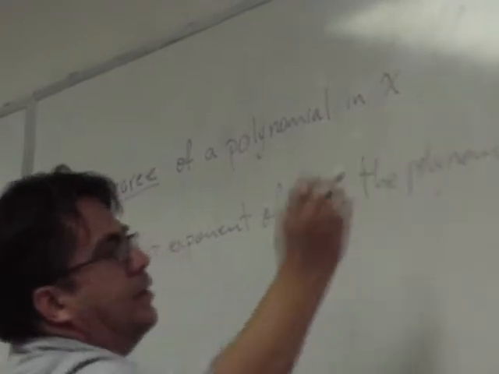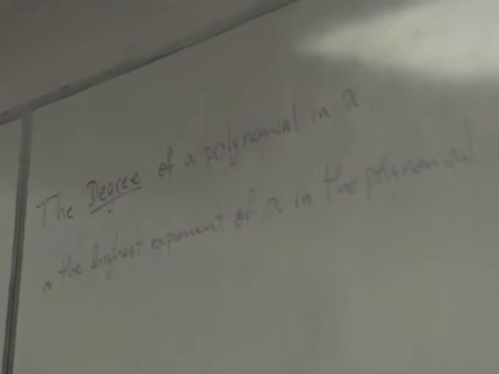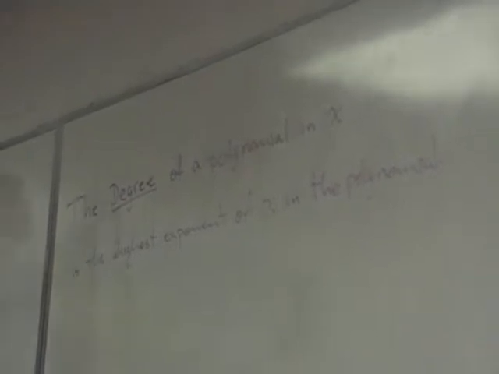So when you have a single letter, all you have to do to identify the degree is look at all the terms in the polynomial, pick the one that has the x to the highest power, and that exponent there is called the degree of the polynomial.